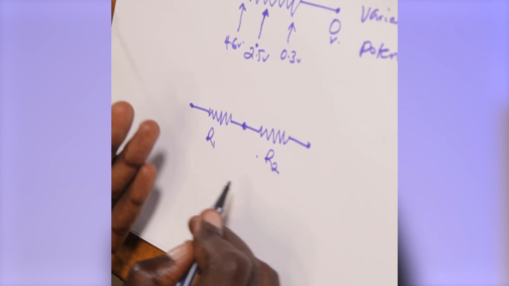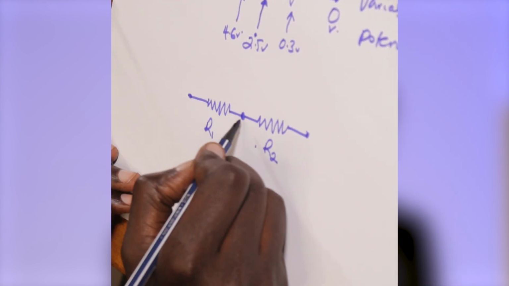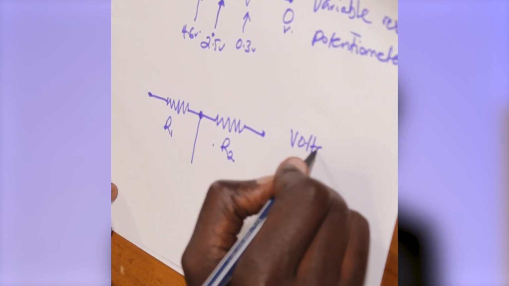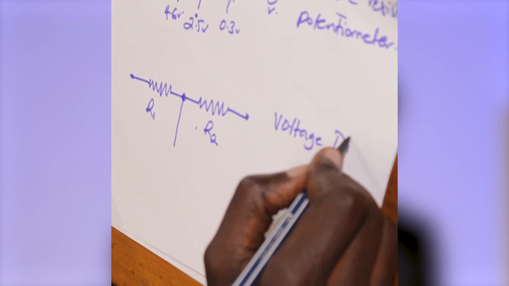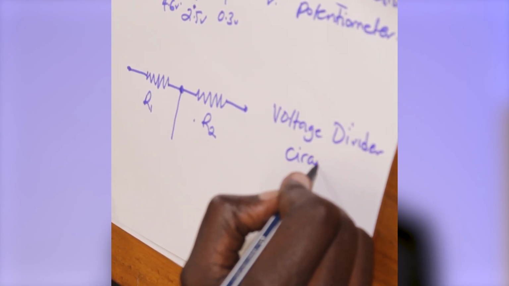If it's too close to this side, 1 is smaller than 2. If it's closer to this side, 2 is smaller than 1. But this entire circuit is called a voltage divider. And it's a very common circuit, and you might have learned about it in physics. It's extremely useful in the physics world, in the electronics world, and we're going to see a real-life example of it.